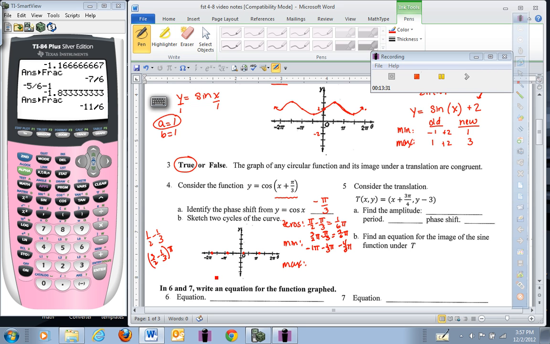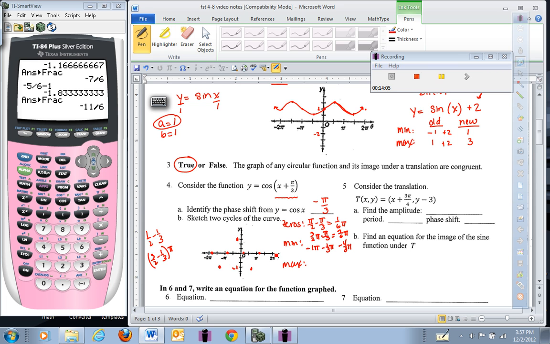At negative 4/3 pi we'd be at our minimum, which is negative 1. I'll just put negative 1 on this third tick mark going down, and positive 1 there. Halfway in between here, we'll be at negative 1. Halfway in between here, we'll be at positive 1. Halfway in between here, negative 1.